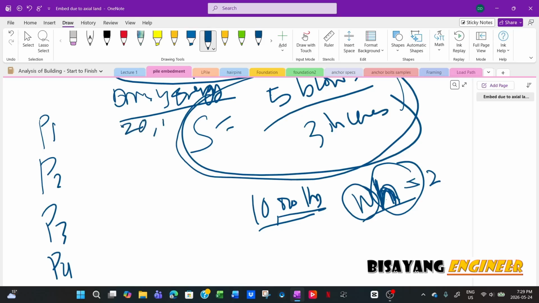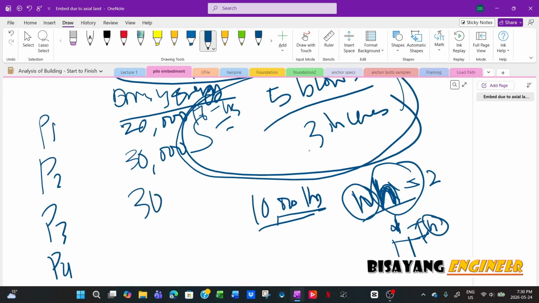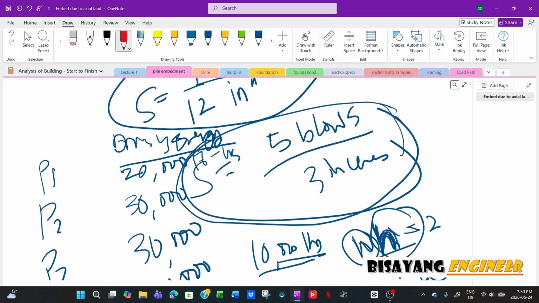Now, for example, for P2, you need 30,000, you use 30,000 of energy. That means you raise your hammer 3 feet, so this is your pile, this is your weight W, and then this is your H. So if you adjust this one, then you will increase the energy. And for example, if you are using the same energy, 30,000, you can use the same energy, but it will differ in the blow counts.